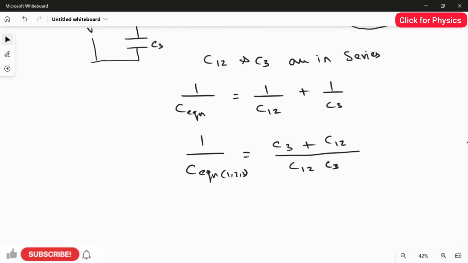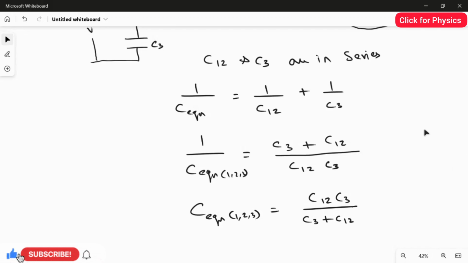If you want the answer for C equivalent or C total, you have to take the inverse of this equation. Then C equivalent of 1, 2, and 3 is equal to C12 multiplied with C3 over C3 plus C12.